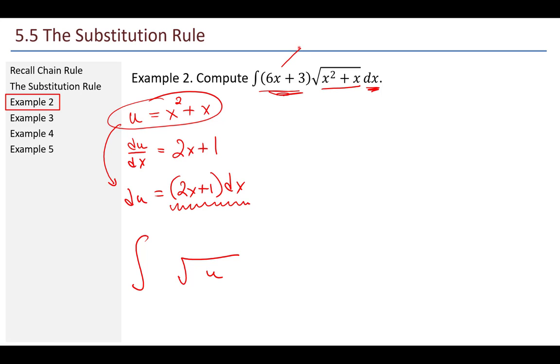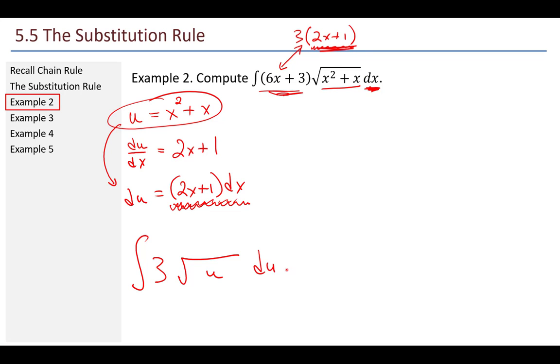How about this guy on the left? This 6x plus 3 is really the same thing as 3 times 2x plus 1. And there it is. So I want to see 2x plus 1 dx. I have my 2x plus 1 dx there. So I'm left with a 3, and then the 2x plus 1 dx, all that gets replaced with a du.